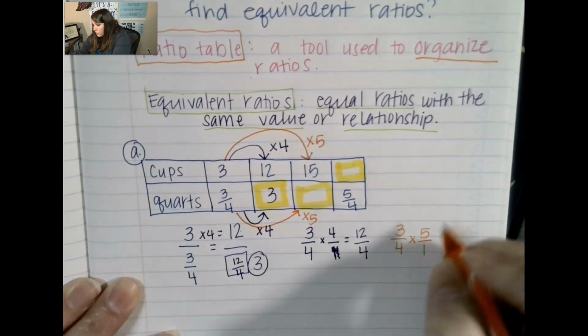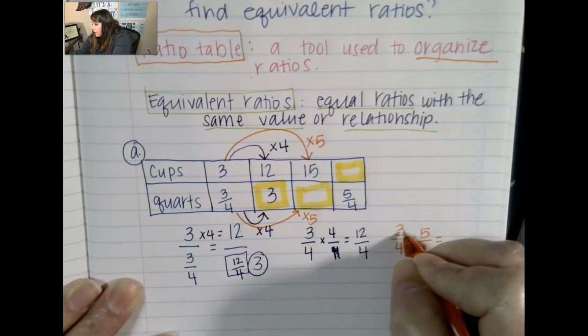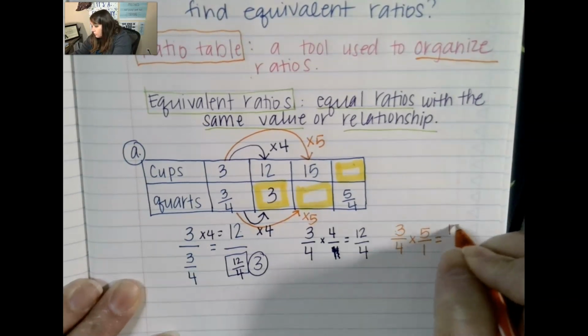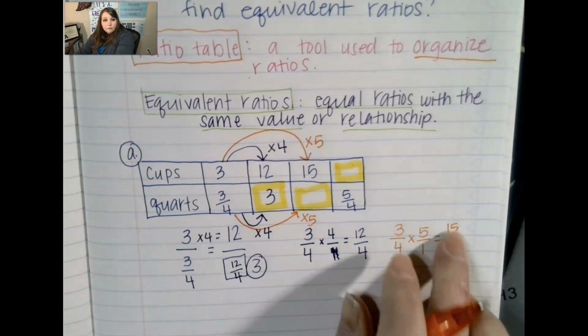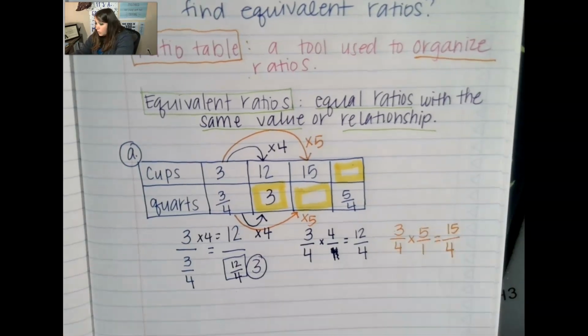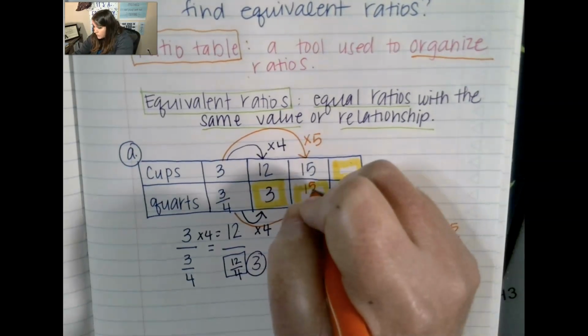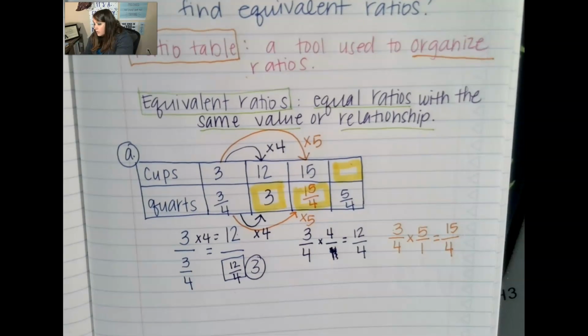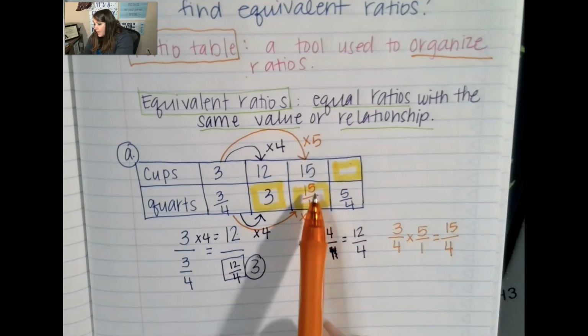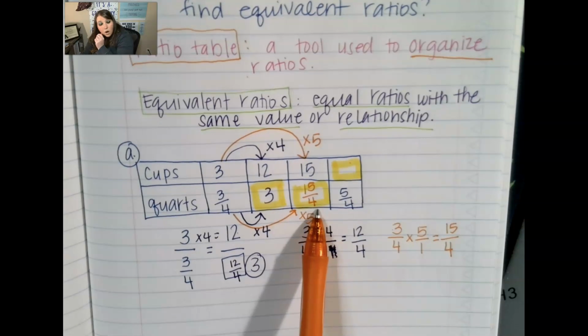Put the 1 there in order to make it a fraction, and we get 3 times 5, which is 15, divided by 4. So we get 15 over 4. That is our fraction there. So when I have 15 cups, I have 15/4 of a quart.